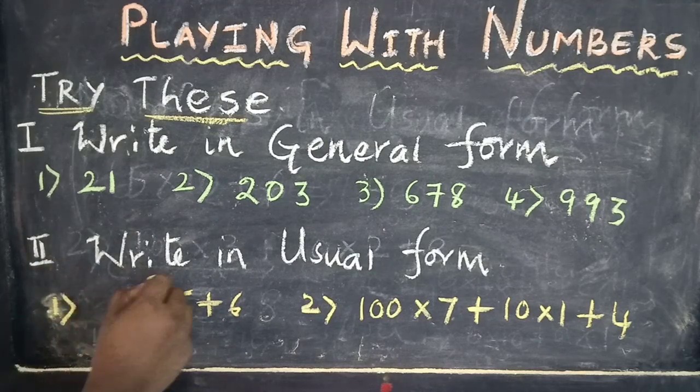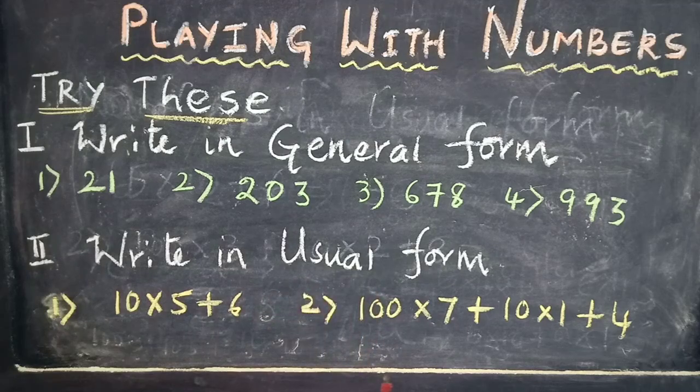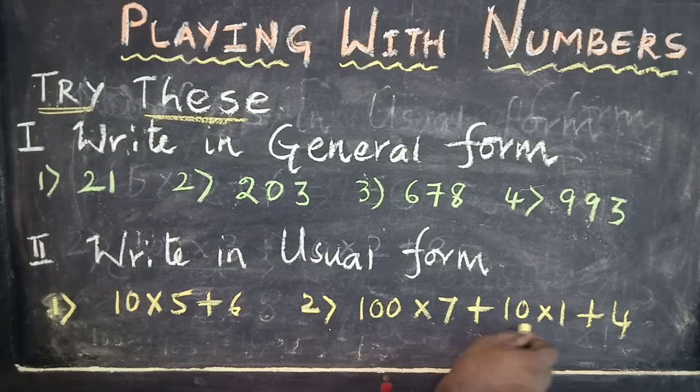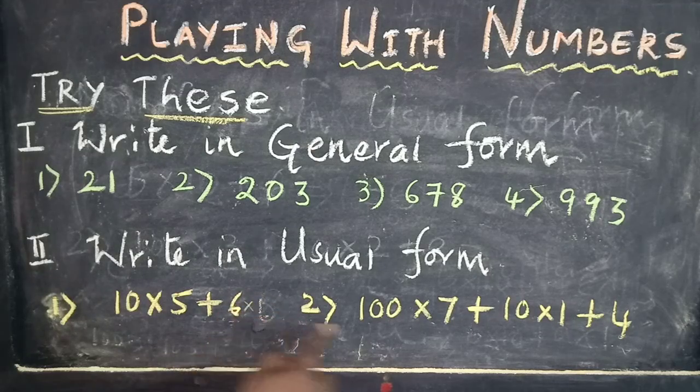Second, write the numbers in the usual form, which are given in the general form: 10 into 5 plus 6. The second question, 100 into 7 plus 10 into 1 plus 4. Students, you have to understand that 6 means we can express it as 6 into 1, that means 6 times the 1, the same way 4 times the 1. Hopefully you will solve all these questions.